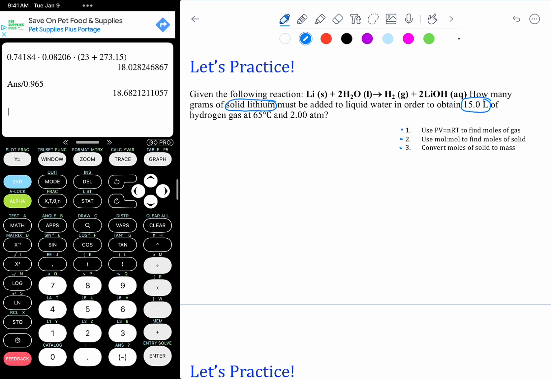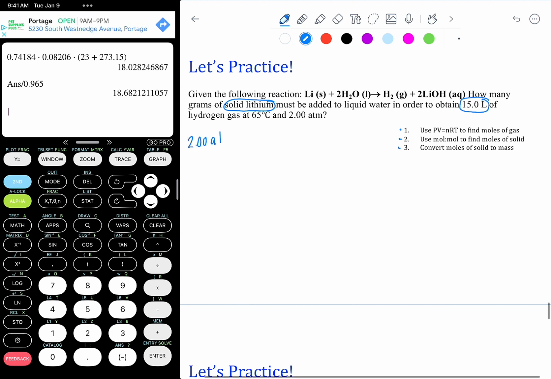The first step to our problem is to plug in our volume of gas into PV equals nRT. So P is going to be 2.0 atm. We know our volume, that's 15 liters. We're solving for n of gas. We don't know that yet, but we do know R, 0.08206.